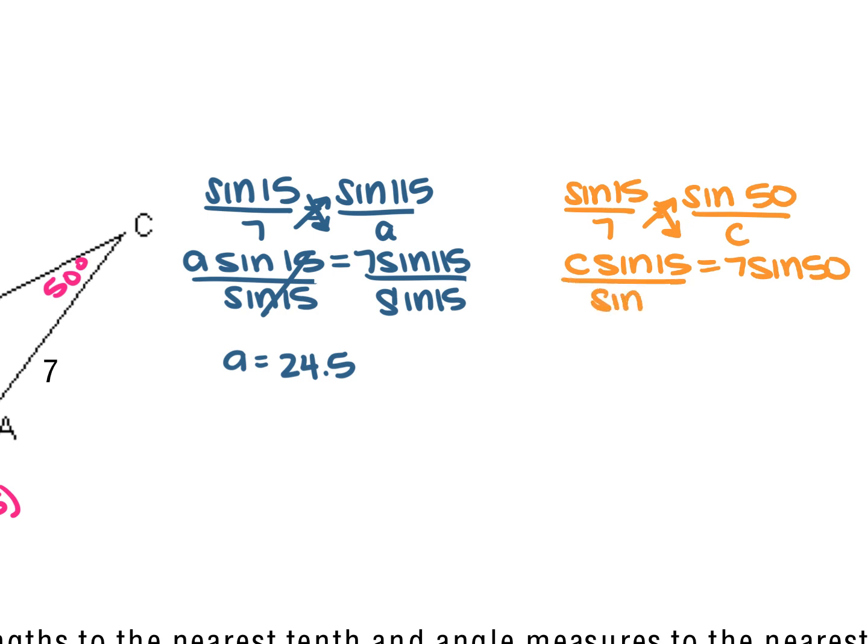Divide each side by the sine of 15. Again, use your calculator. So we're going to do 7 sine 50 over sine 15. And that's 20.7.